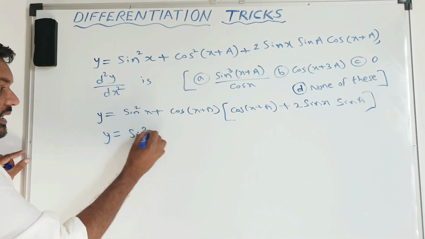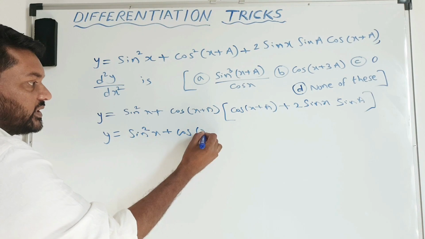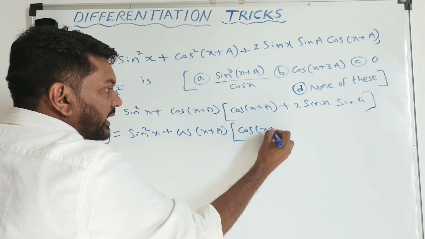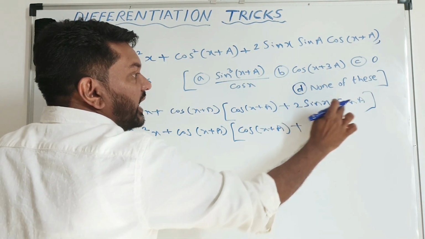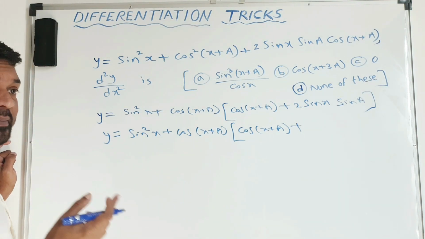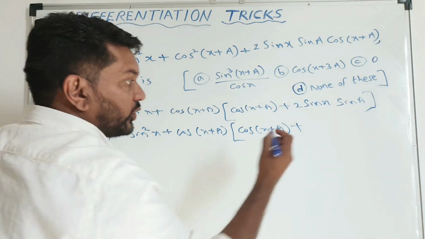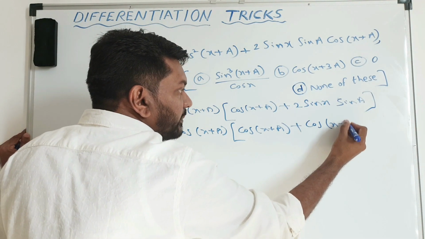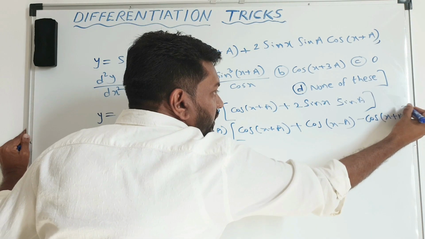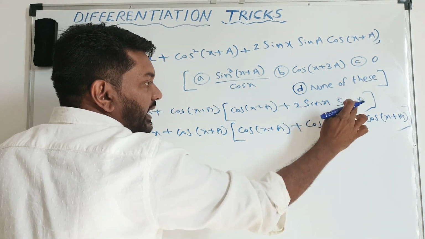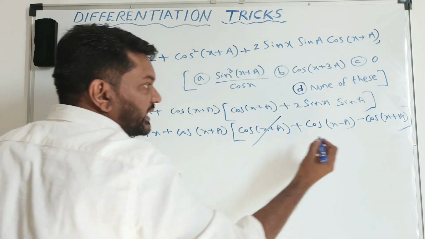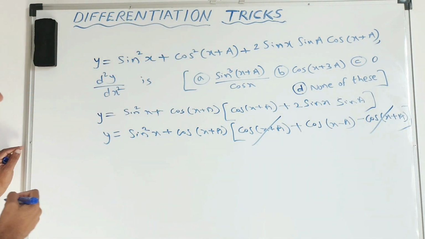Now simplifying further, sin square x plus cos x plus a into cos x plus a, plus, this is a trigonometric identity, 2 sin a sin b, which is cos a minus b minus cos a plus b. So you can write it as cos of x minus a minus cos x plus a. Using the identity, 2 sin a sin b is cos a minus b minus cos a plus b, so I can cancel cos x minus a and minus cos x minus a.